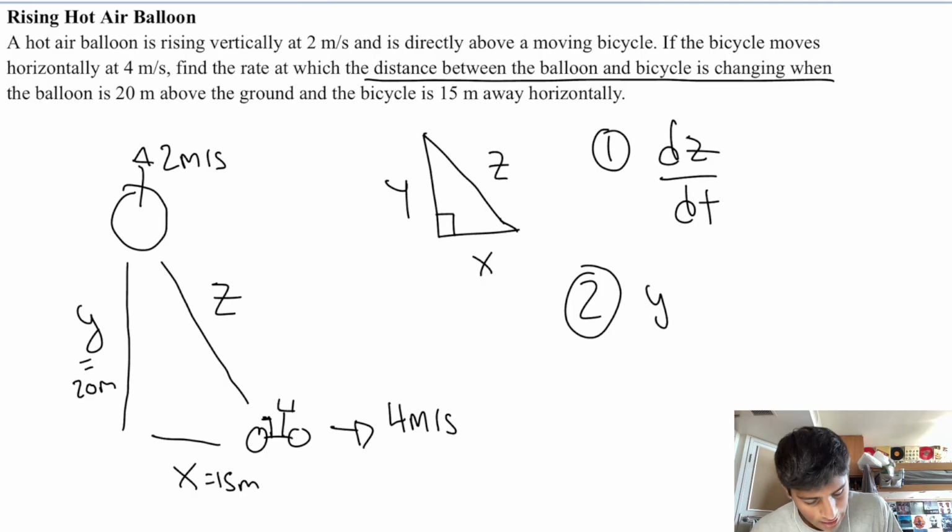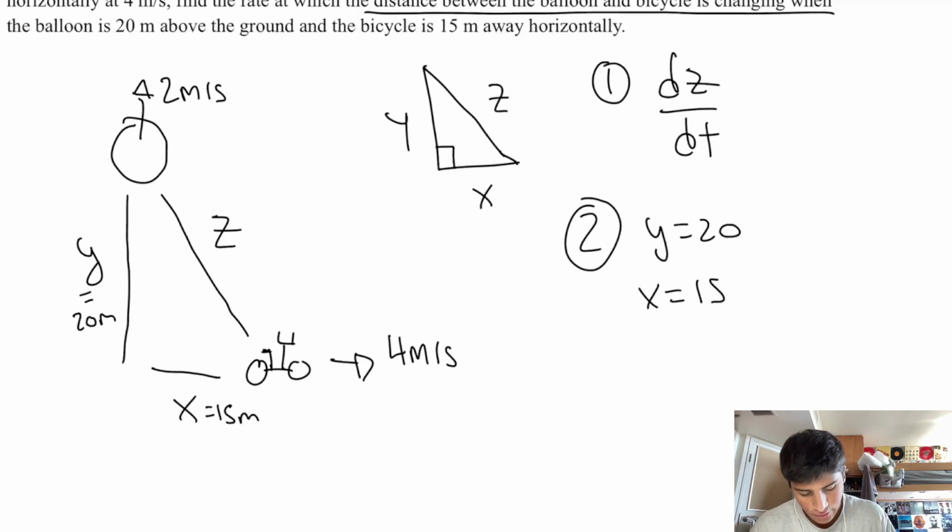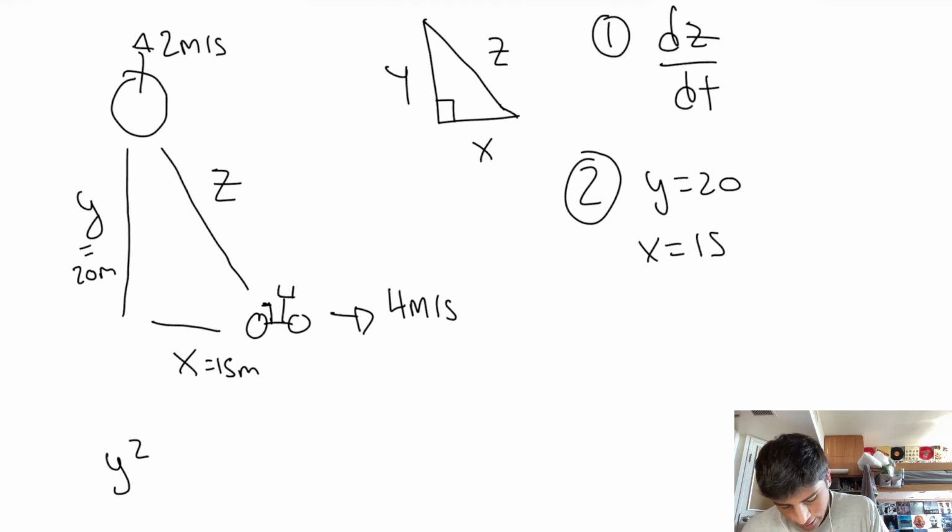We know y equals 20, x equals 15, and let's just go ahead and find z right now. So y squared plus x squared equals z squared. 20 squared plus 15 squared equals z squared.